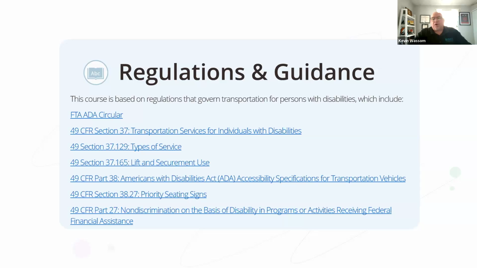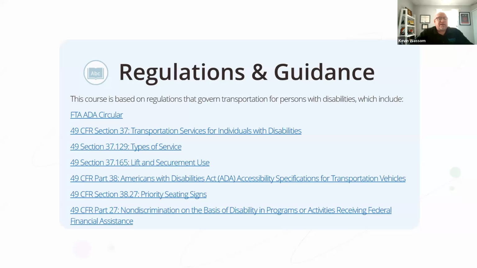And some specific ones that are of note in our presentation is section 37.129, which describes the types of service that a public transit agency must provide. Section 37.165 has all the requirements pertaining to lift use and securement requirements for folks with mobility devices.